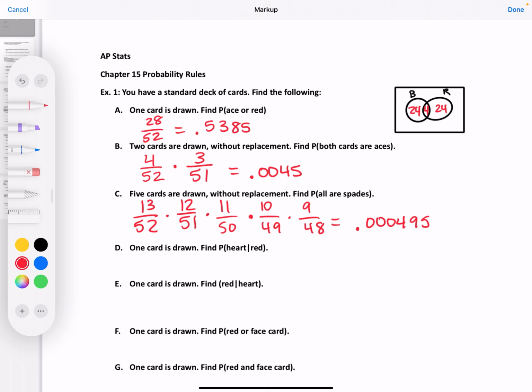One card is drawn. Find the probability that it's a heart, given that it's red. So this would be the probability that it's red intersected with that it's a heart, divided by the probability that it's red.